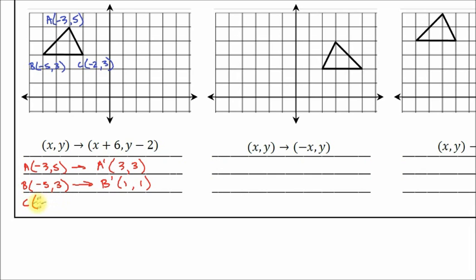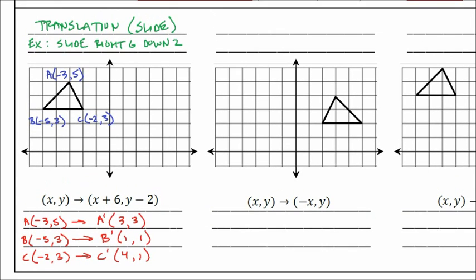C started off at -2, 3. That's going to move to C prime. -2 plus 6 is 4, and 3 minus 2 is 1. So you can see by using the transformation notation, we can find the coordinates of the three new points being translated 6 right and down 2.